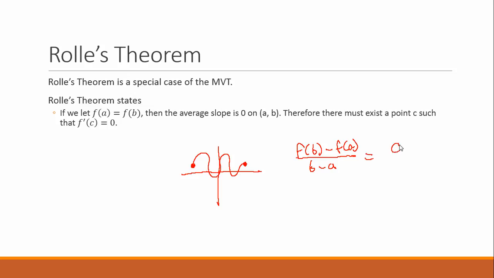That's going to be 0 divided by B minus A, and 0 divided by anything is just equal to 0. And you'll be able to see that there are actually a few points where the derivative is 0. Here's a point, you can see the derivative is 0. Here's a point, the derivative is 0. Here's a point, derivative is 0. And here's a point where the derivative is 0.